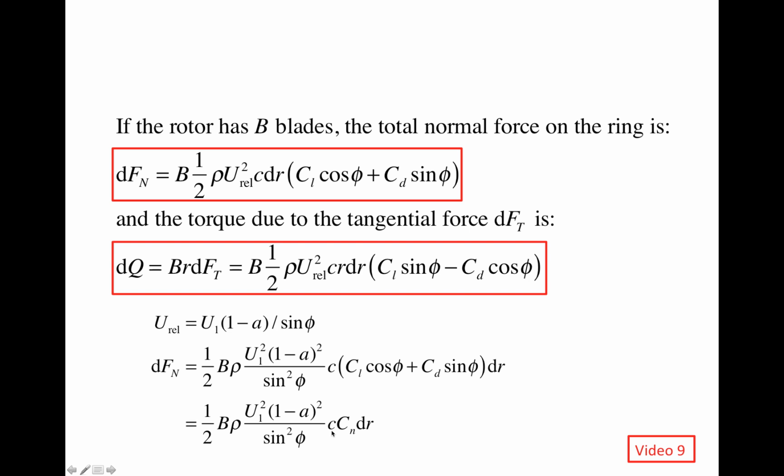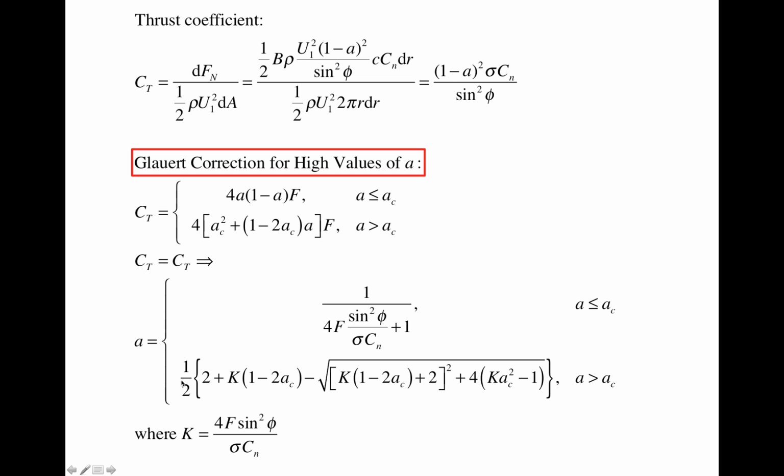So now we have an expression for the normal force acting on the ring. And then what exactly is the thrust coefficient? Ct is the so-called thrust coefficient. The thrust coefficient is the ratio between the normal force and this particular denominator. The denominator is 1/2 times the density of the air.